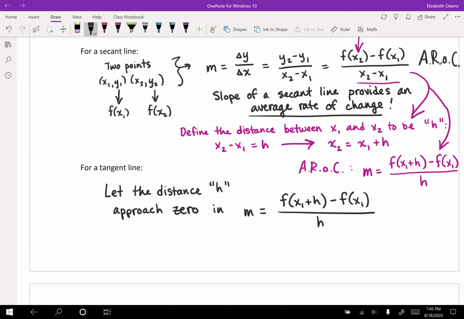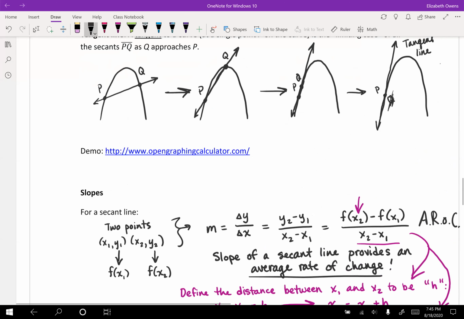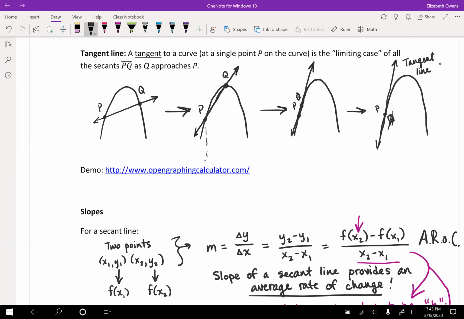That distance h, remember, is the difference between our two x values, x1 and x2. As our 2 points get closer and closer together, this would be like your x1, this would be like your x2, and the distance between those we're calling h.